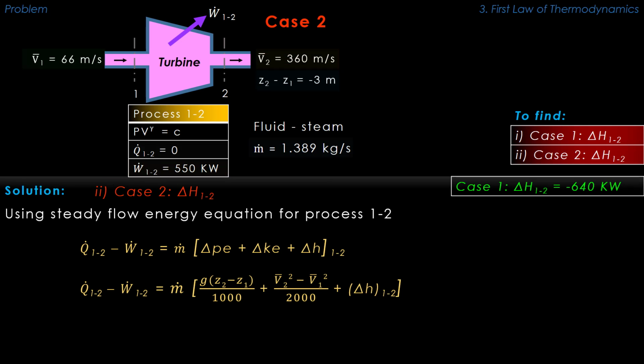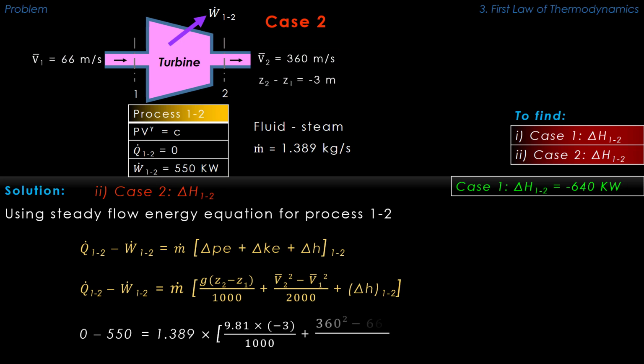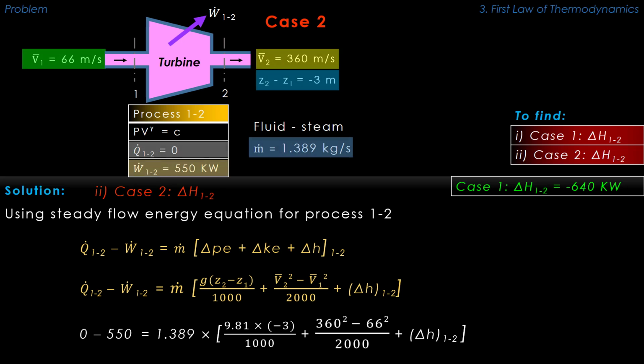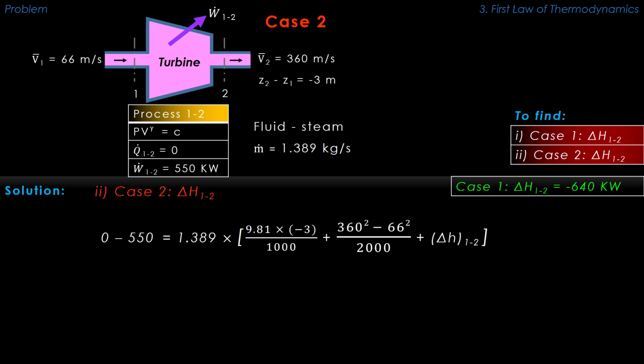Now again substituting all the required data in the above steady flow energy equation, we can write 0 minus 550 is equal to 1.389 into [9.81 into minus 3 upon 1000 plus (360 square minus 66 square) upon 2000 plus delta H of 12]. So on calculation, we get the change in specific enthalpy, delta H12 is equal to minus 458.56 kJ per kg.